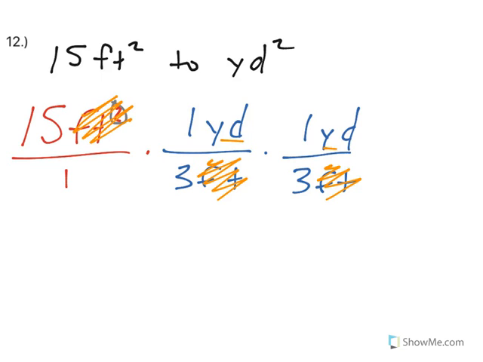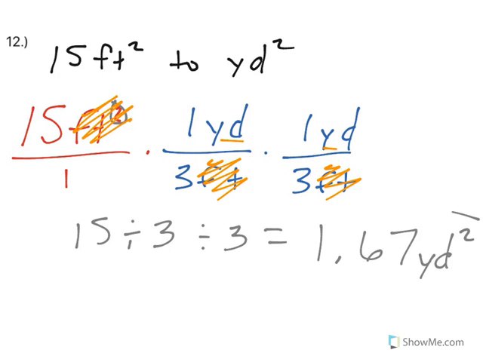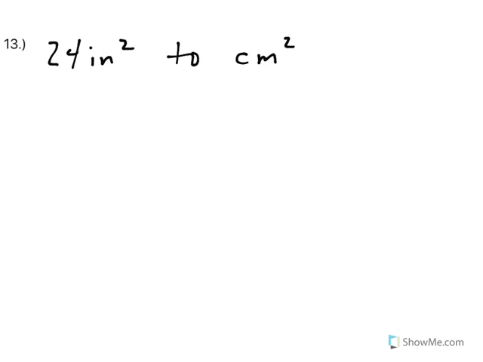And now you can see I have square yards. So I'll take 15. If you would type this in, denominator means you divide. 15 divided by 3 gives me an answer of 1.67 square yards.